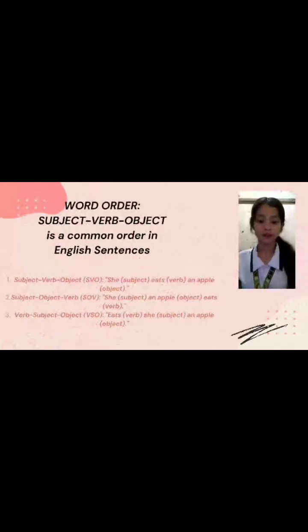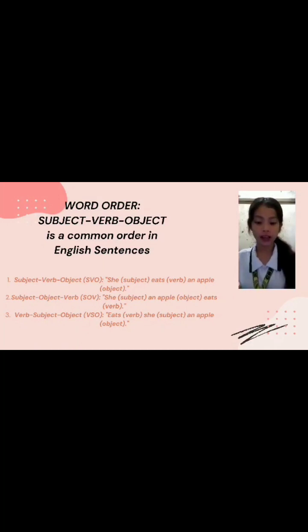Word order. Subject, verb, object is a common order in English sentences. The first example is subject, verb, object, or SVO. She, subject, eats, verb, an apple, object. The second example, subject, object, verb, or SOV.